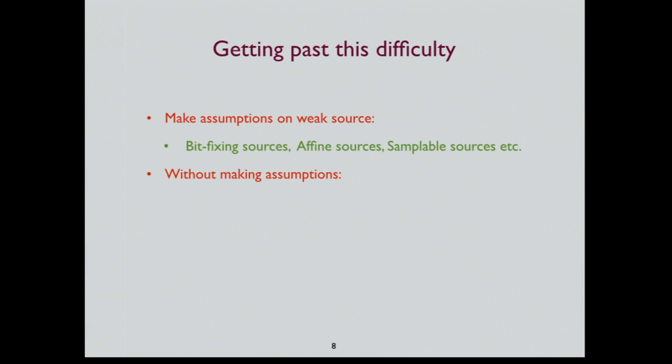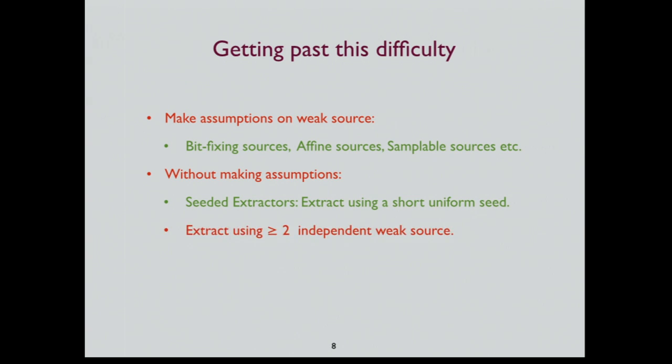But now let's say we don't want to make any assumptions on our weak random source. One approach is to use seeded extractors, which extract with the help of a short uniformly random string. Just an order log n bit string can help us do this extraction. But we're not going to take that approach here.